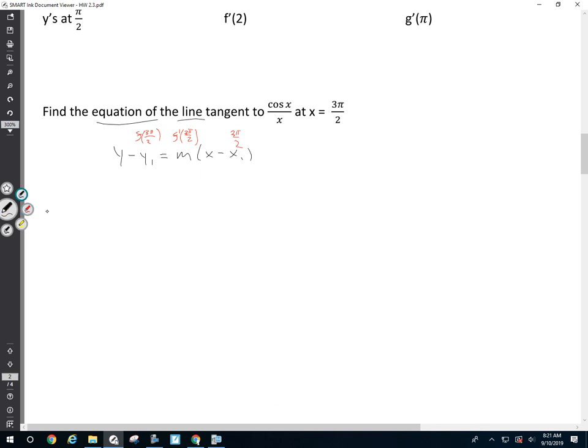So let's start with the tangent slope generator. I'm going to call that f, so this would be f prime. I have to use the quotient rule: the derivative of the top times the bottom, minus the derivative of the bottom times the top, all over the bottom squared. Bottom squared, I'll write it as x squared.